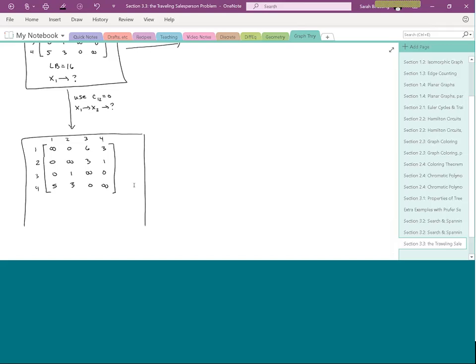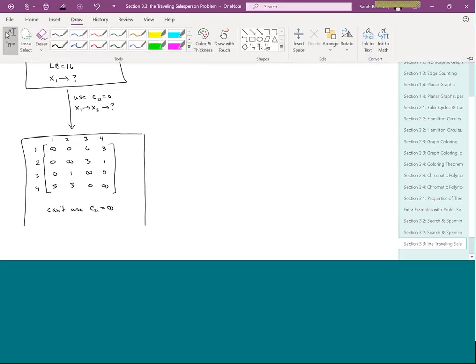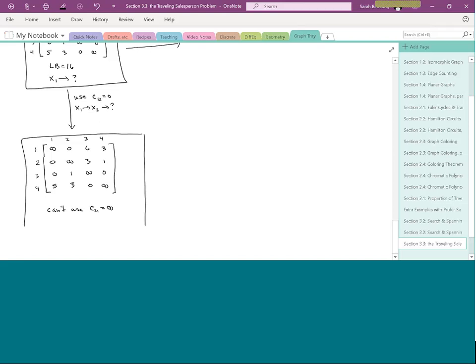So the first thing that we do is, because we don't want to go back to city 1 yet, we can't use C21. So we set that entry in the cost matrix to infinity. Let me make that a different color to indicate that we adjusted it. So we adjust this to infinity so that we don't use it.